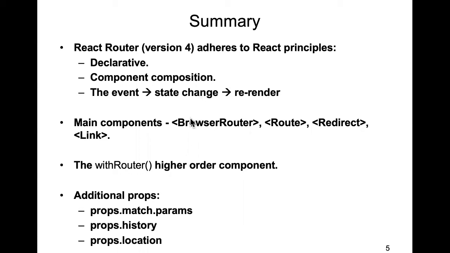These are some of the main third-party components that React Router makes available to us, and we've seen all of them. There is this special function that we've had to use a number of times whenever one of our components wants to access React Router related props, for example the match prop, the history prop and the location prop. We've seen all of these.